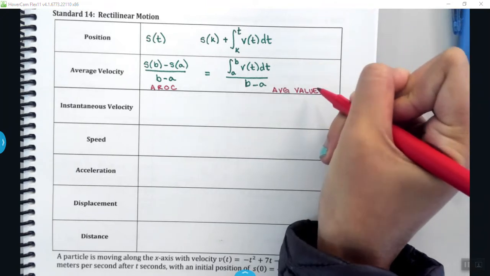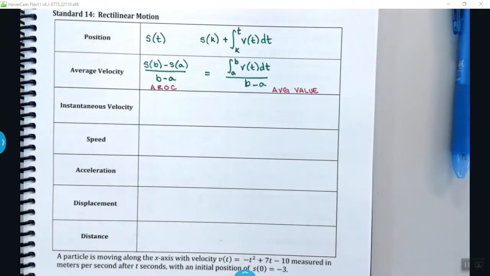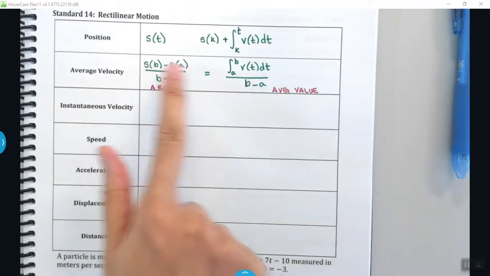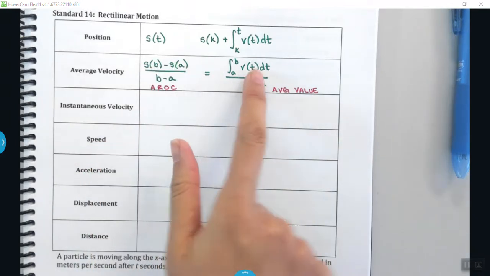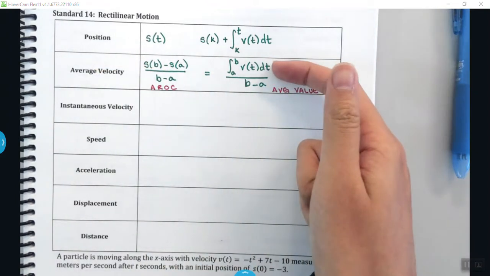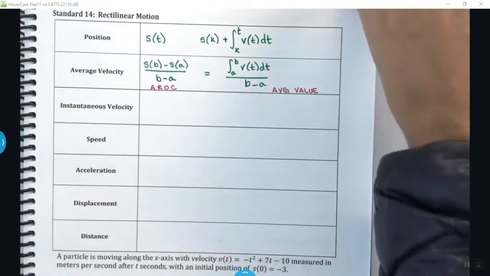Do you guys remember from AB? Don't worry about it. We'll talk about these two names later. Just know that you can find average velocity either way. So if you have velocity and you need to find average velocity, you've got to integrate it and then divide it by B minus A.